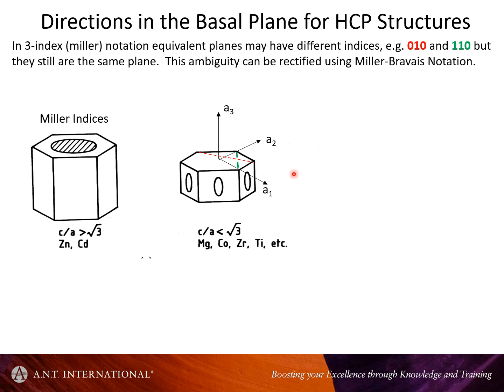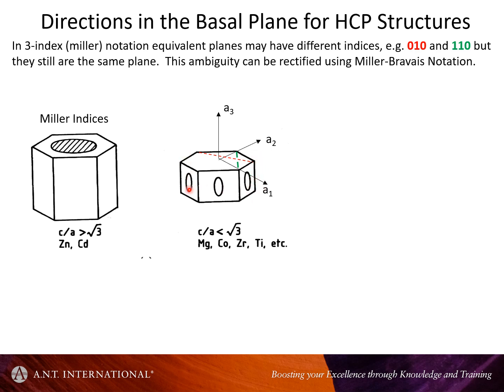But the problem is when we index a system like that, if we look at the indices which describe a particular direction, or more importantly, a plane, the plane is defined by the direction which is perpendicular to the plane, and I'll show you a little bit about that in a minute. This dotted line is a plane in the hexagonal cell.